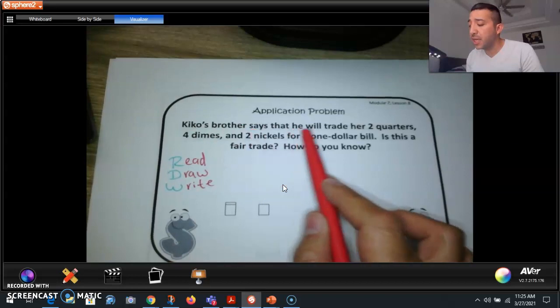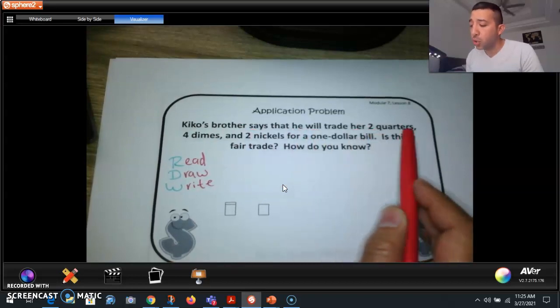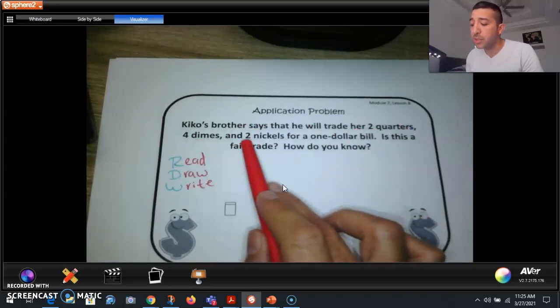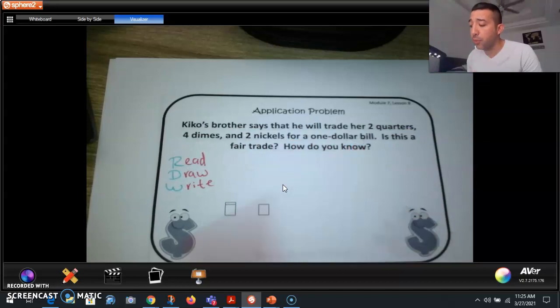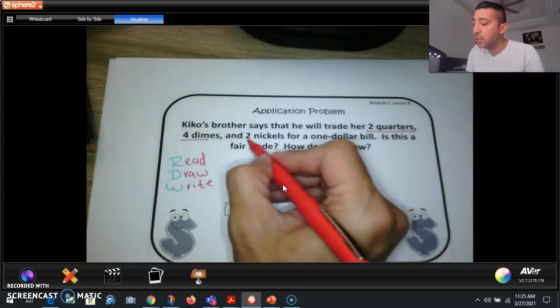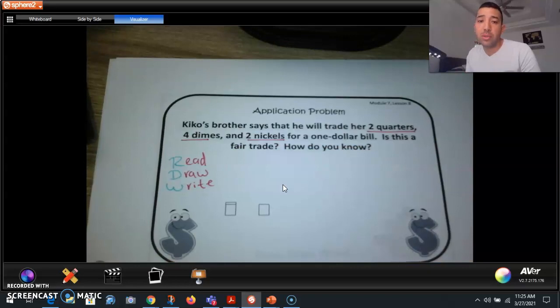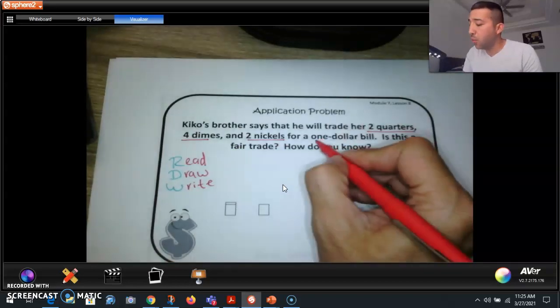Kiko's brother says that he will trade her 2 quarters, 4 dimes, and 2 nickels for $1 bill. Don't forget, let's go back and circle good information. 2 quarters is awesome information. 4 dimes and 2 nickels, and also $1 bill.